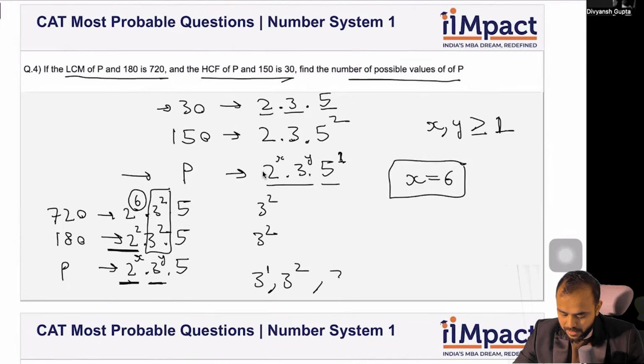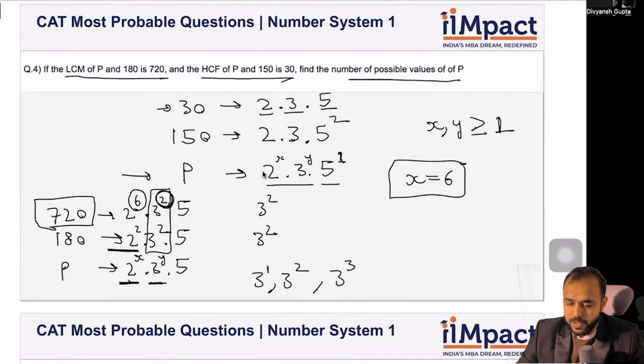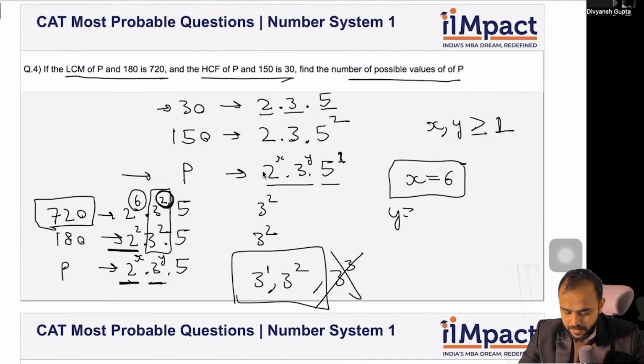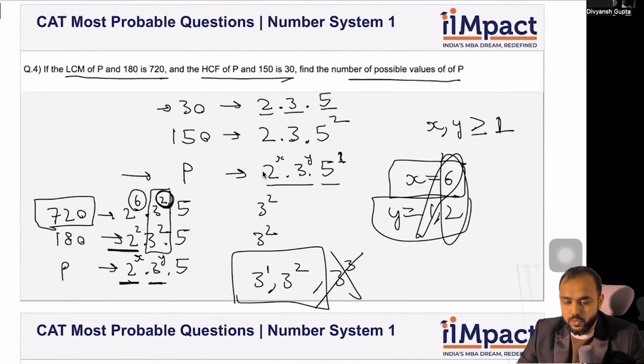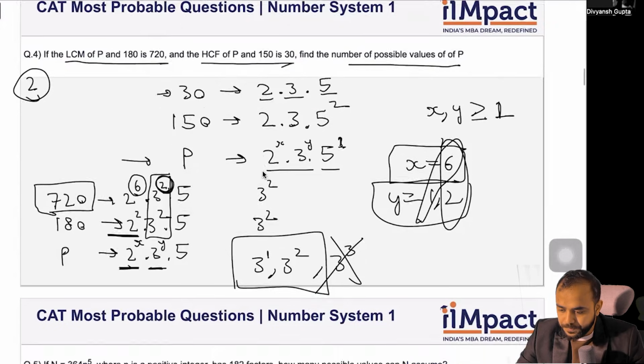But if P has 3 to the power 3, then this power should have been 3, it cannot be 2. So the LCM could not have been equal to 720. So the only two values of y that you can take are 1 and 2. So correspondingly, you are getting two different combinations, 6 and 1 and 6 and 2. So the number of possible values of P is 2.